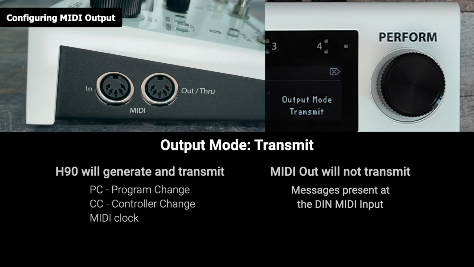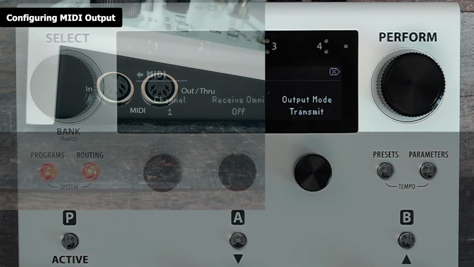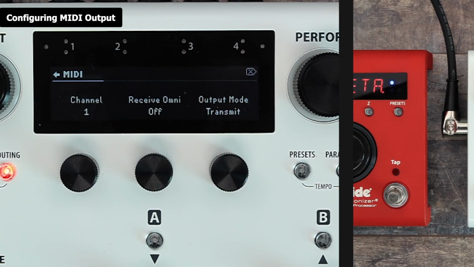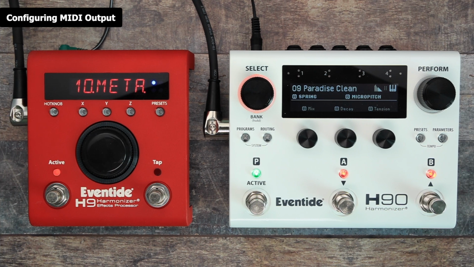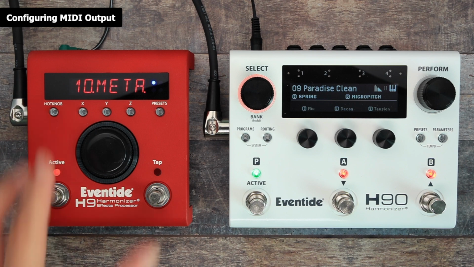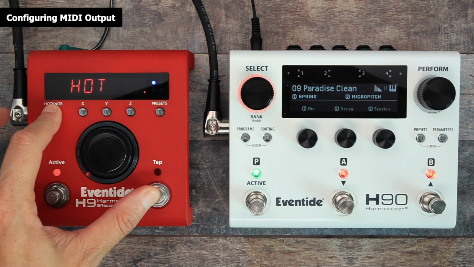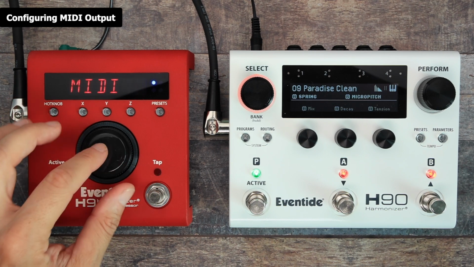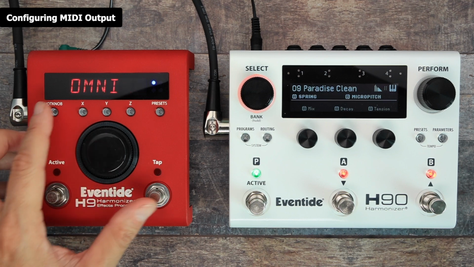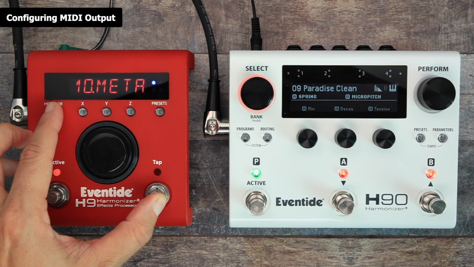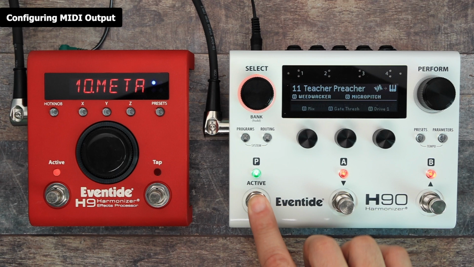So, this is the optimal setting if we want the H90 to function as a controller for other devices connected via MIDI. For example, say we have an H9 connected to the MIDI output of the H90. As long as the H9's receive channel is set to the same MIDI channel as the H90, or in Omni mode, it will respond to program search commands sent from H90's select or bank modes.